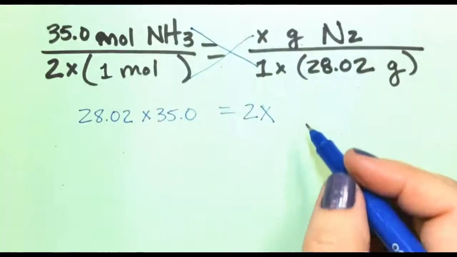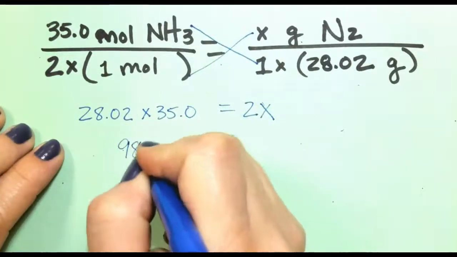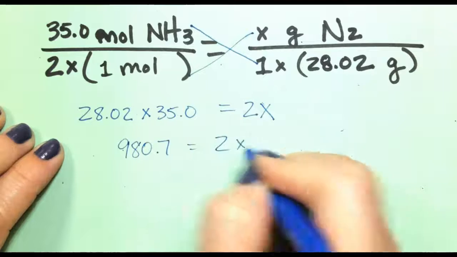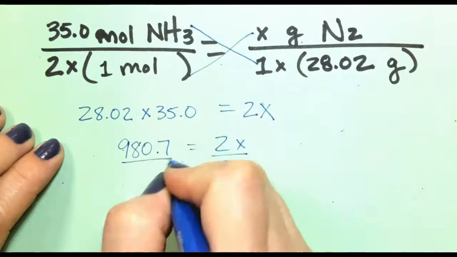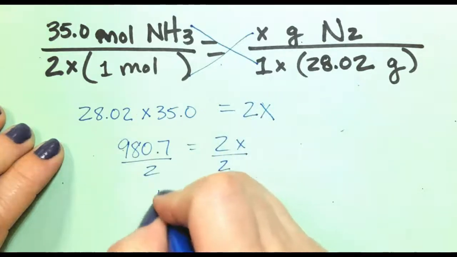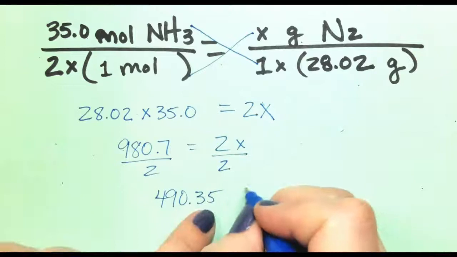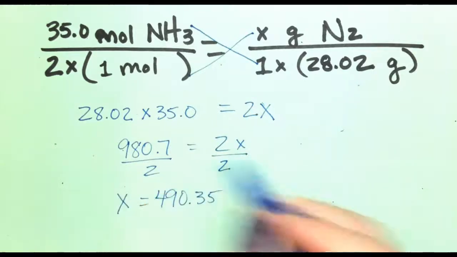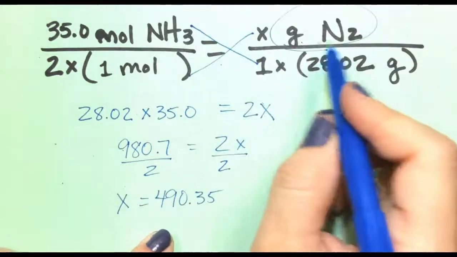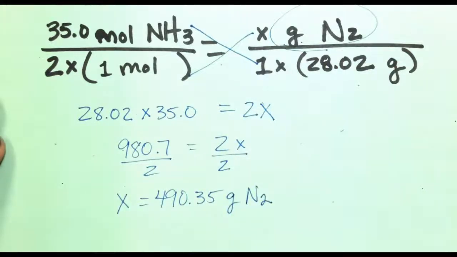So now we're going to solve for x. Let's simplify these two by multiplying them, and we get 980.7 equals 2x. And now I'm going to divide both sides by 2, and when I do that, I'm going to get 490.35, and that's going to be equal to our x, which is our final answer. That's our grams of nitrogen.